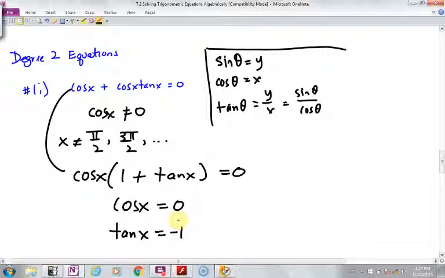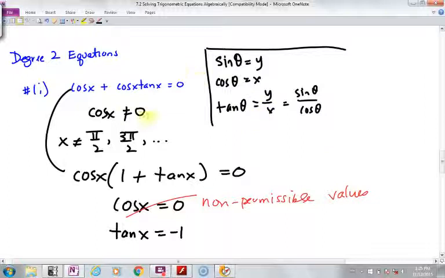Now, what do you notice right away? Pardon me, Shayna? Right, cos x equals 0, so that's a non-permissible value. So that's not one of my solutions. And that's why it's a good idea to think about those ahead of time.